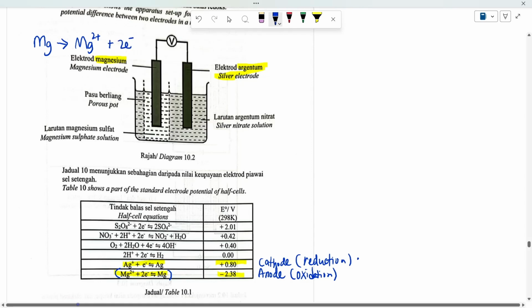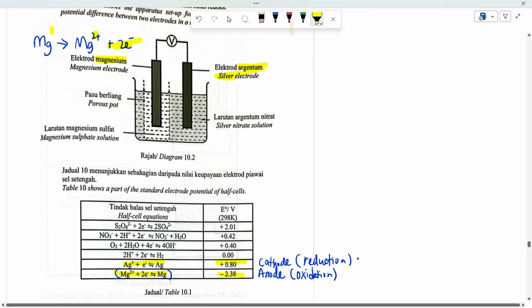You can always double check: the anode must undergo oxidation, losing electrons. You can also check the oxidation number, 0 to positive 2. If you are confused whether to put the equation to the left or to the right, check the oxidation number. So this is the half equation.